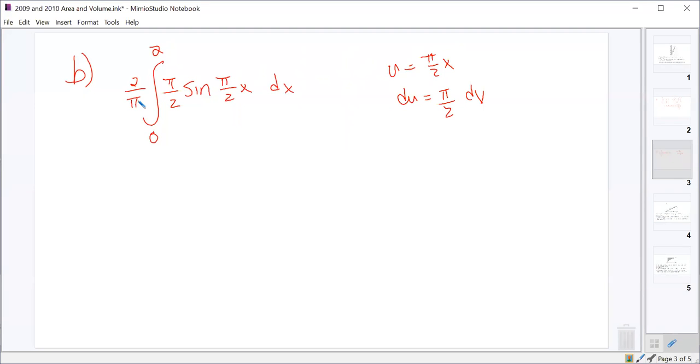And you'd end up then with 2 over pi times the integral of sine of u du. And instead of going from 0 to 2, you'd now go from 0 to pi.